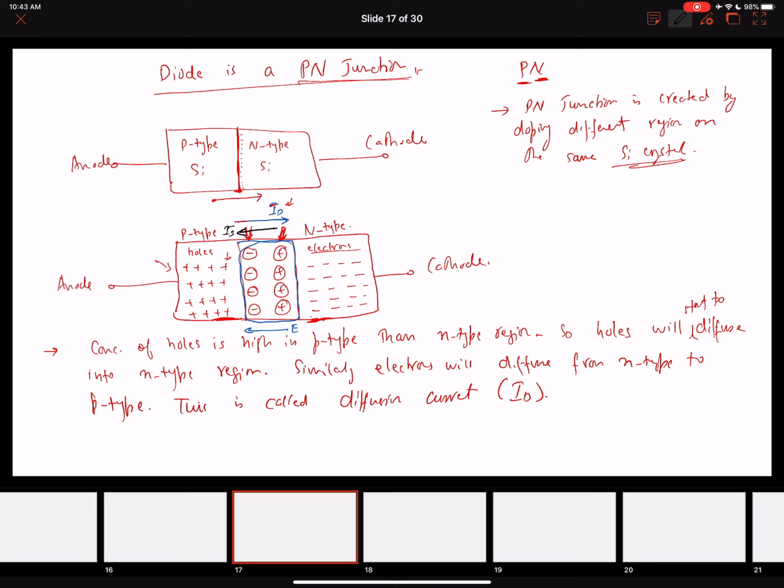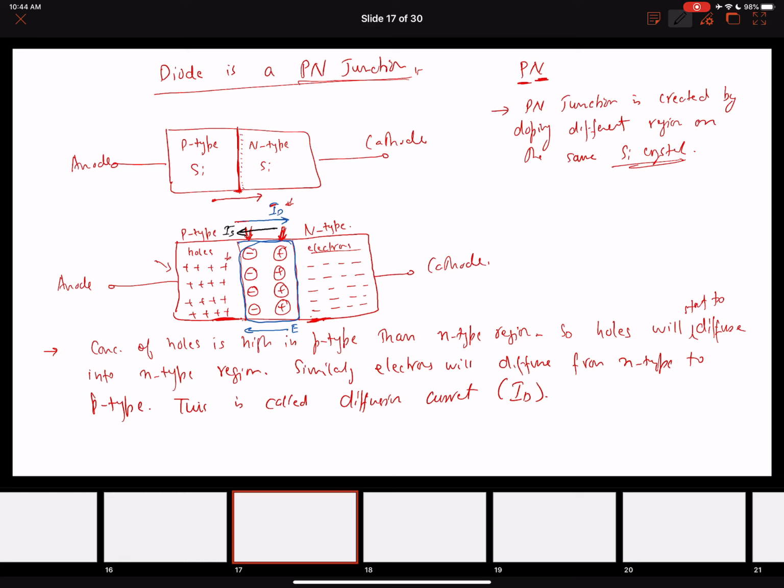For example, electrons in the p-type region will accelerate across the depletion region to move towards the N region, and vice versa. And that is why this drift current direction is opposite to the diffusion current.